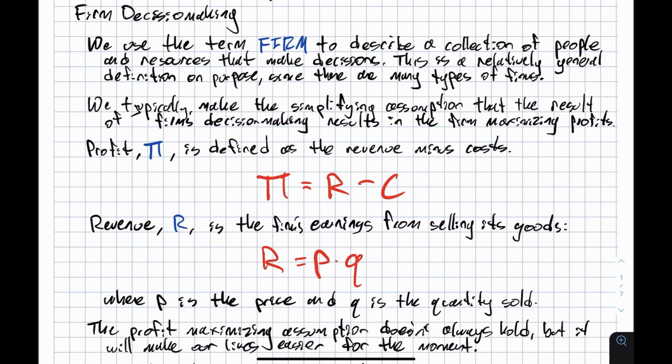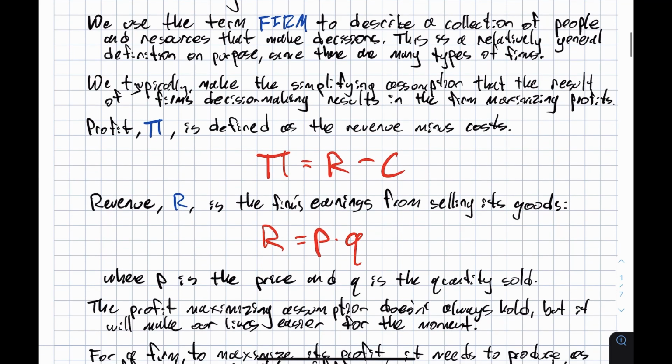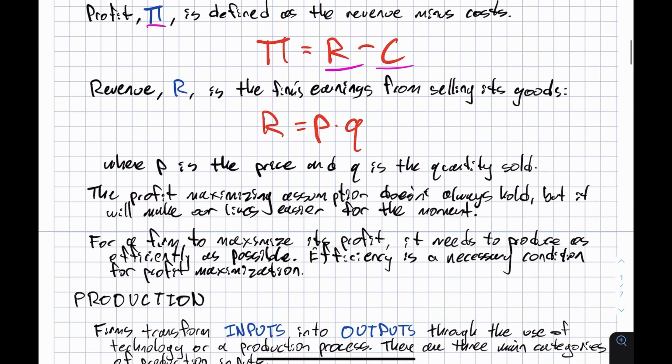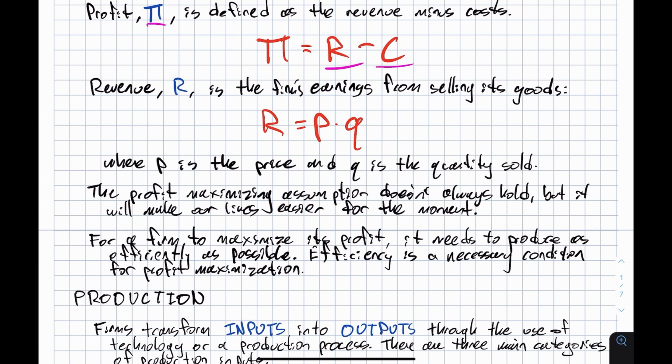That firms' goal is to maximize their profit. So this profit maximization objective is very crucial to everything we do with firms. And the way we describe profit is we denote it with pi. And you might have seen this in your intro. But really, this is just the difference between revenue and costs. We're going to talk about costs a little bit more in the next chapter.